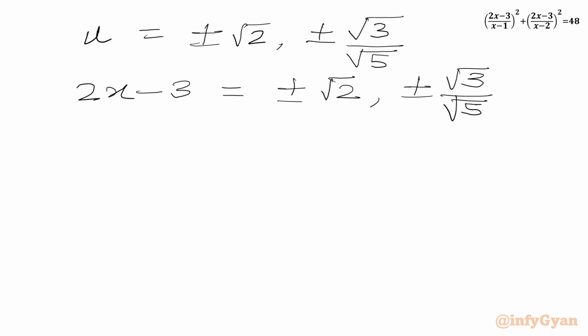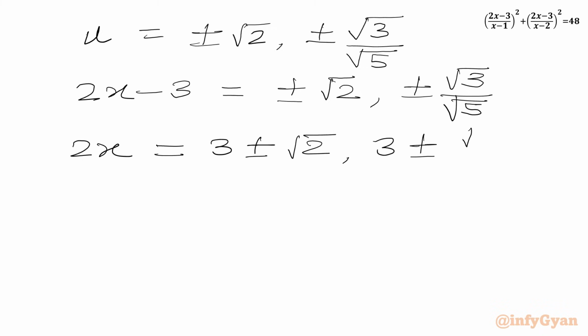Now we will be adding 3 to both sides. So we will get 2x equal to 3 plus minus square root 2, 3 plus minus square root 3 over square root 5. Now we have to divide both sides by 2.